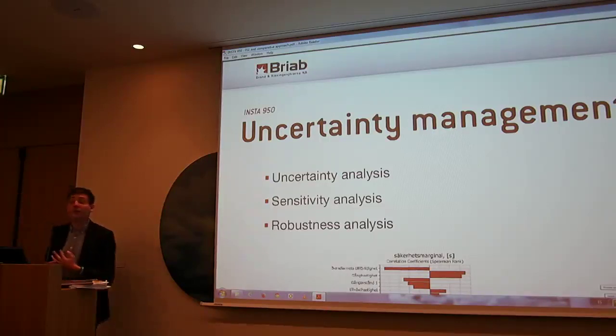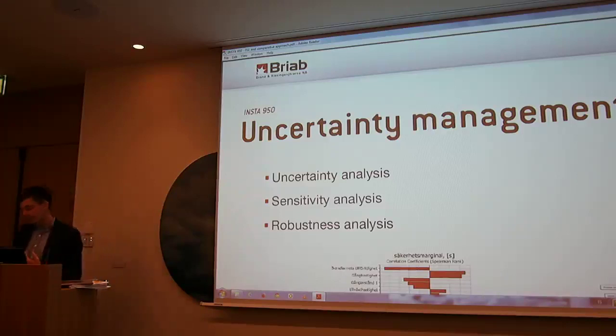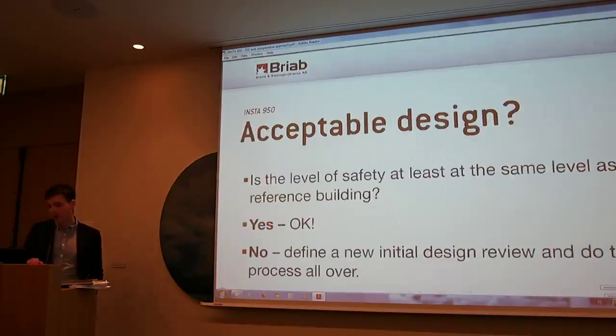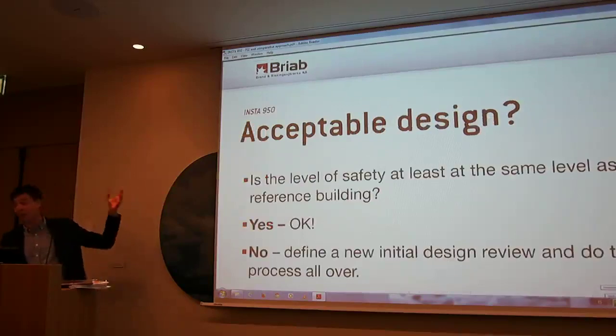And of course, I did some robustness analysis as well by highlighting different aspects of the facility strategy that could be a problem, for example if I have a more functional electricity in the building. And talked about the robustness part of it. And for the actual design, was it okay or not?